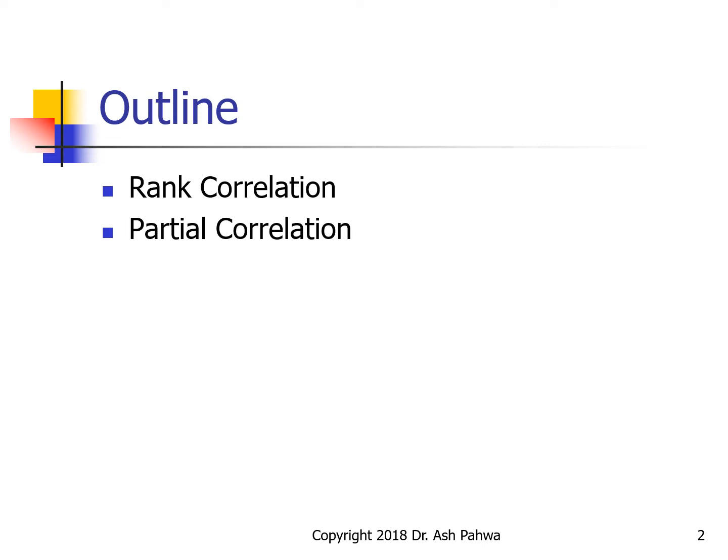So we need to find out a way by which we can remove the effect of the third variable. And this correlation is called partial correlation when the effect of the third variable is removed. Partial correlation is also used very heavily in sports analytics. So we are going to cover basically these two topics in detail.